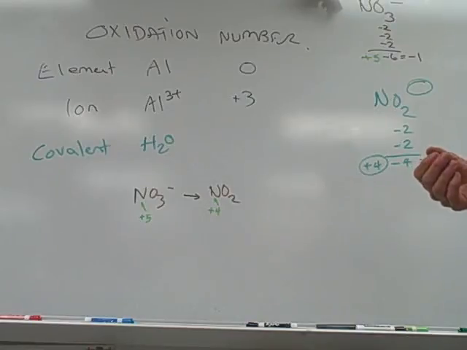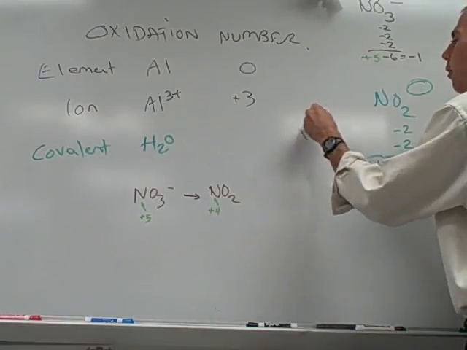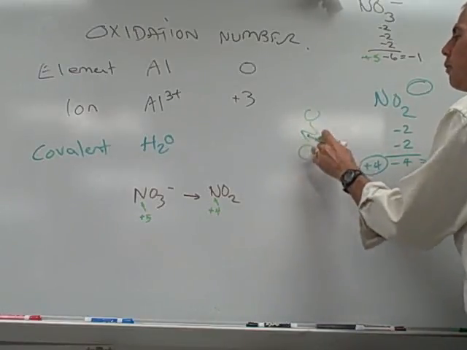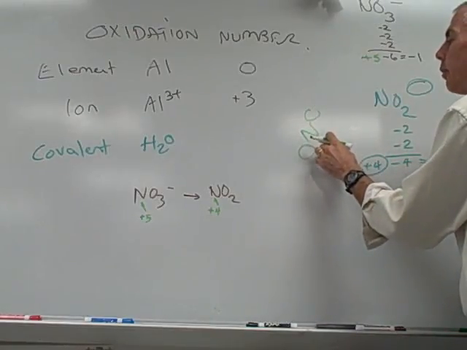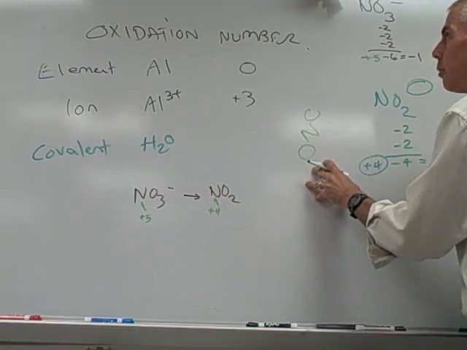Question? When you have the O2 and the O3, are you dealing with oxygen molecules versus oxygen atoms? No. Good question. The nitrogen dioxide just means you have 2 oxygens connected to a nitrogen, and overall the molecule has no charge.